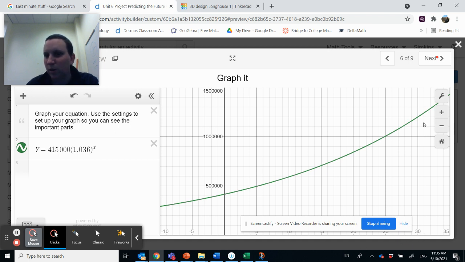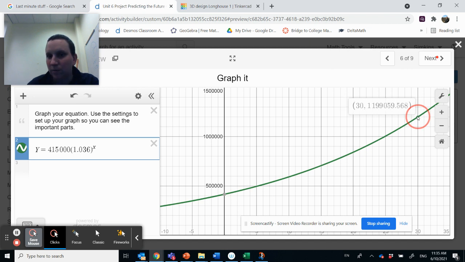Okay, so here's 30, and now my line crosses the 30. And I can see from the graph that in 30 years, my house will be worth $1,199,059.57. Let's remember that number because we're going to use it to check our answer on the next thing also.